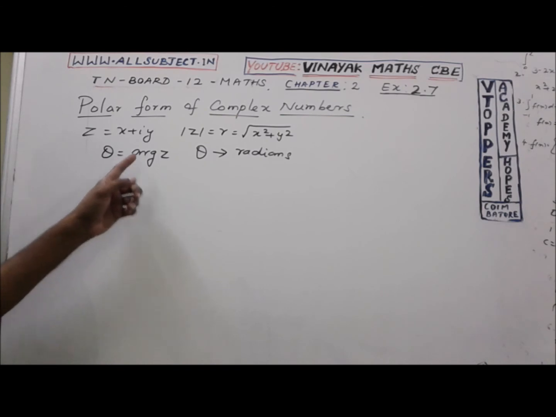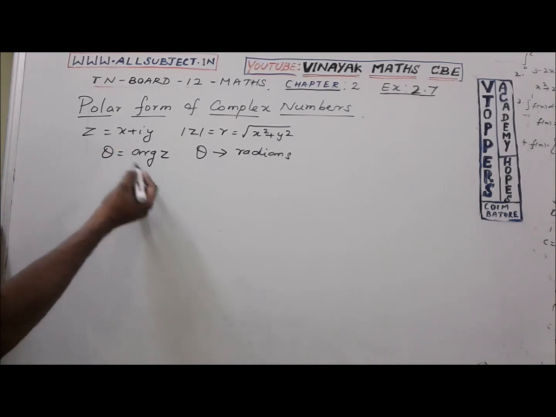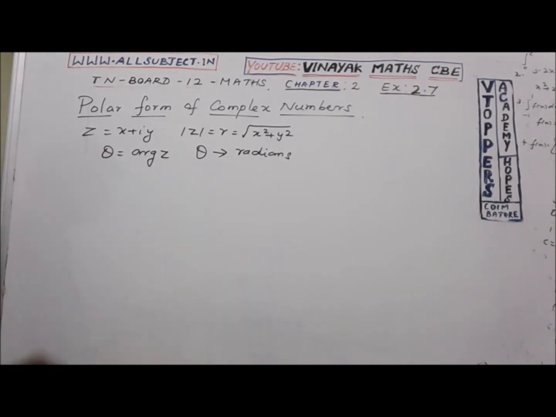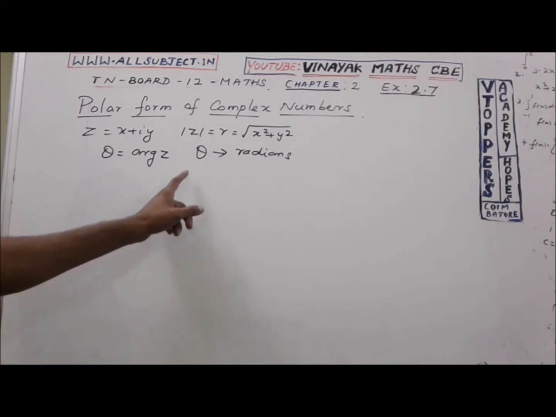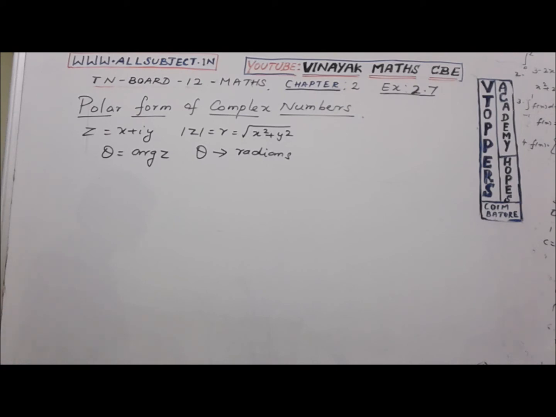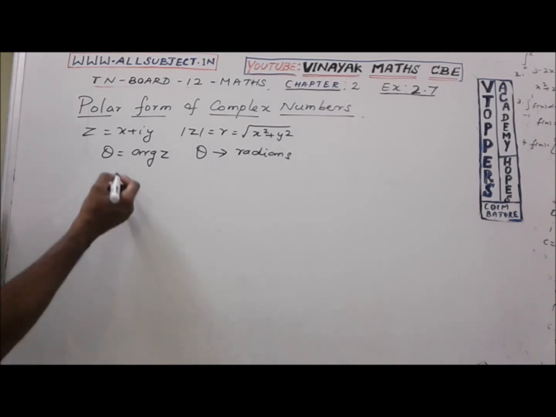Now theta equals the argument of z, and theta is always represented in radians. The angle theta has infinitely many possible values, including negative ones, that differ by integral multiples of 2 pi.